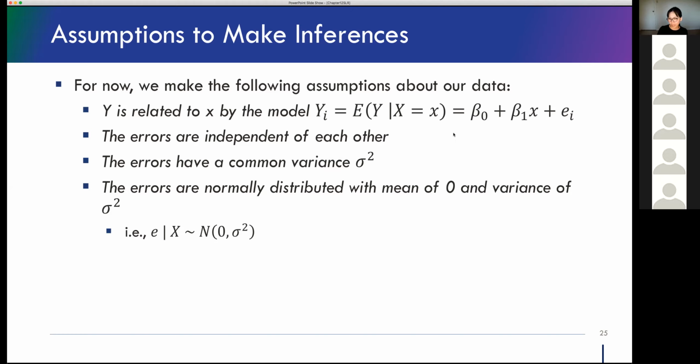We have E1, E2, up to En, those many error terms. They are independent of each other, with common variance sigma square, and they are normally distributed with mean 0. So this is saying that E given X is IID with a normal distribution with mean 0 and sigma square. These are the assumptions we made for a linear regression model.